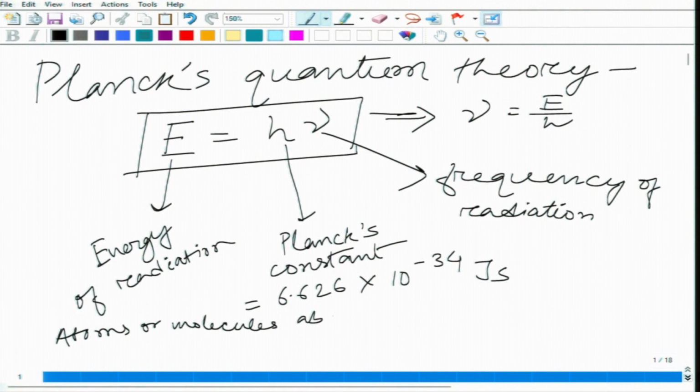Atoms or molecules absorb or emit energy in discrete quantity.